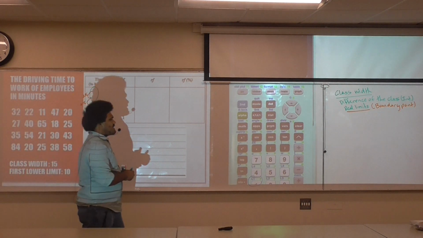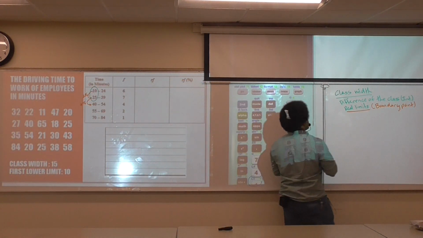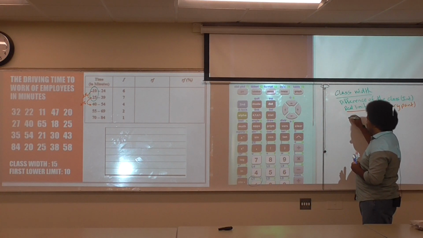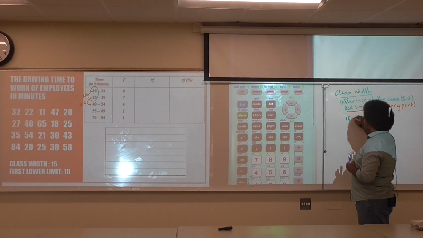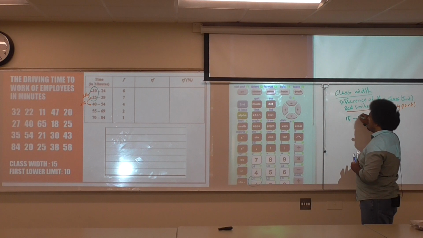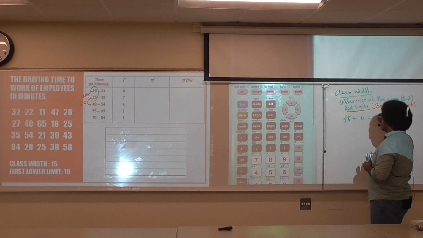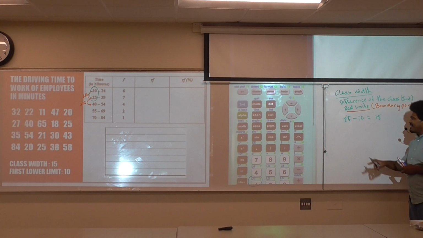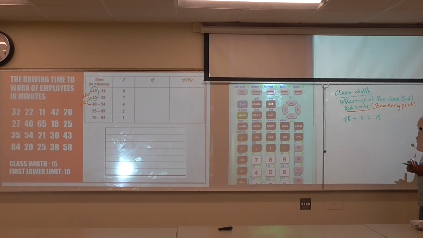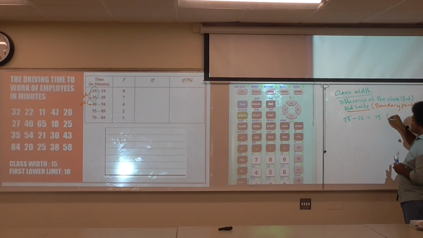If I just look at the real limits themselves, it's going to be 25 minus 10. I was thinking about the answer right away, that gives us 15. That's using the real limits.